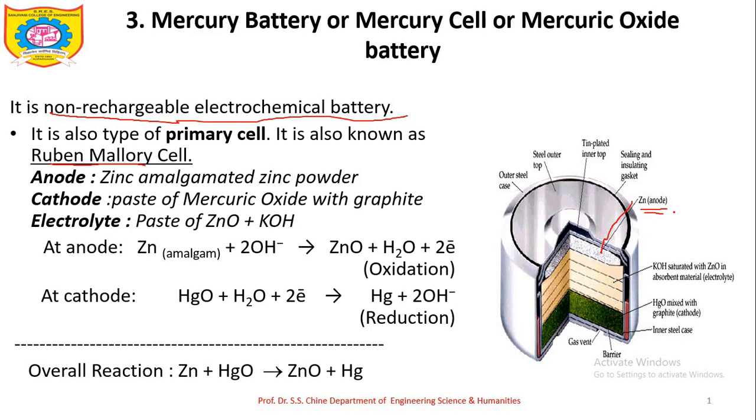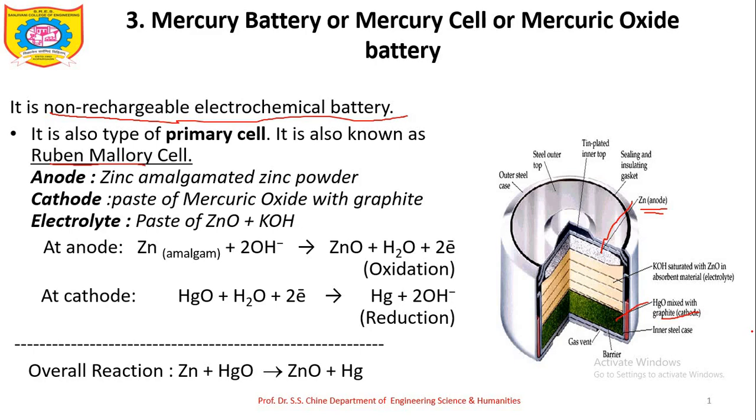Along with the amalgamated zinc powder, the cathode is the paste of mercuric oxide with graphite. Here you can see this is mercuric oxide mixed with graphite, that is acting as a cathode, and that's why this battery is also known as mercuric oxide battery.